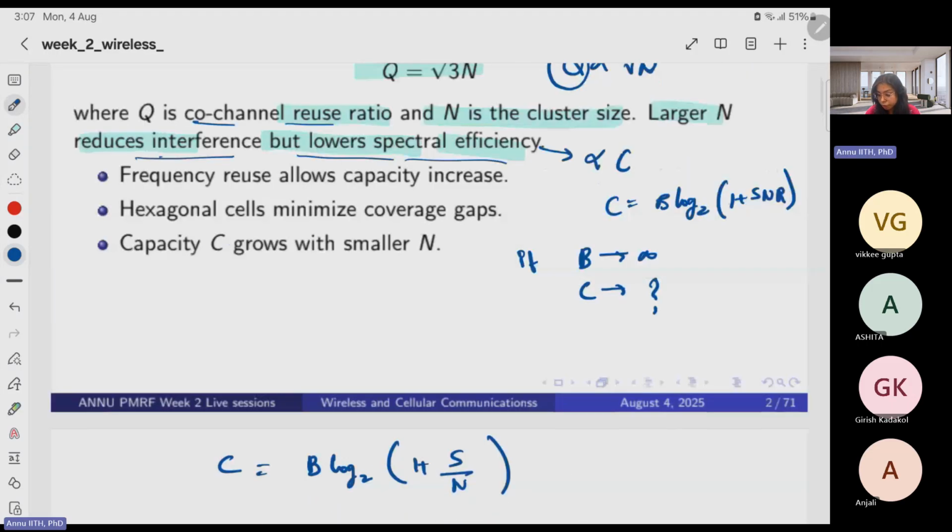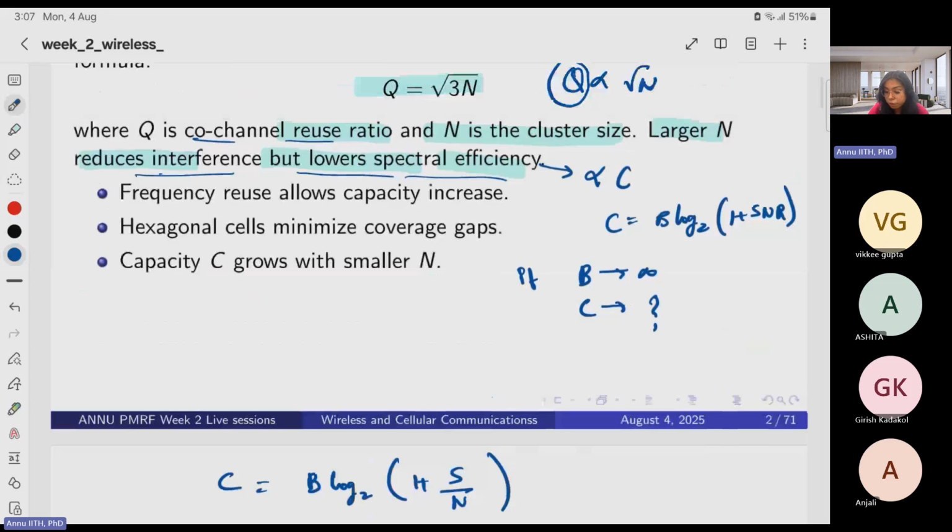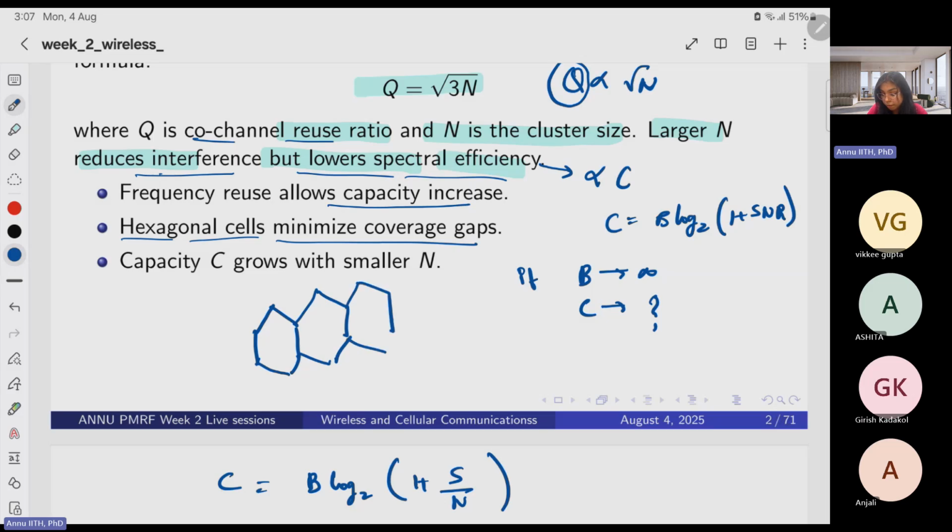This is very important for you to understand. And frequency reuse allows capacity increase, obviously. Hexagonal cells minimize the coverage gaps, because there is a reason behind that: the gap is minimal.